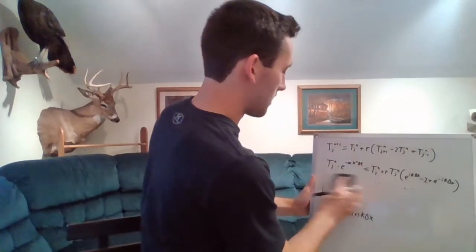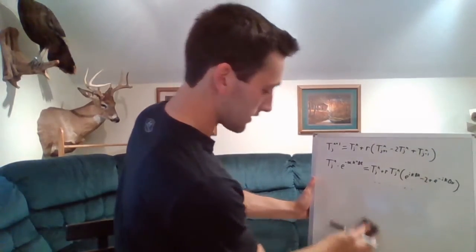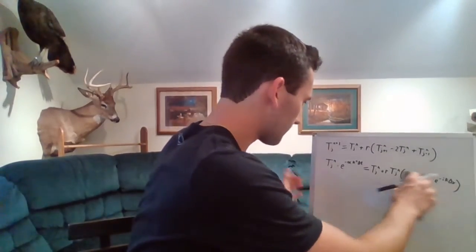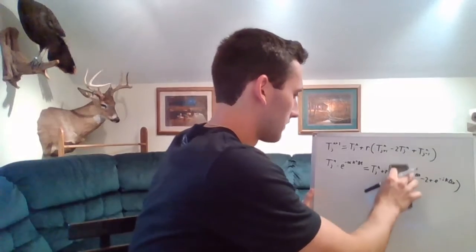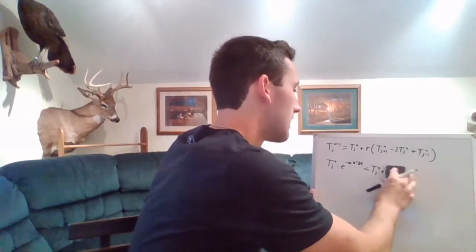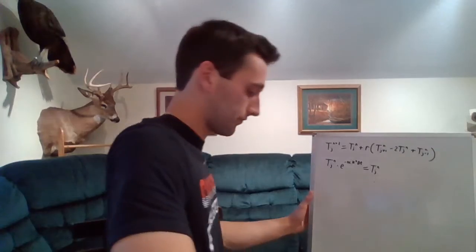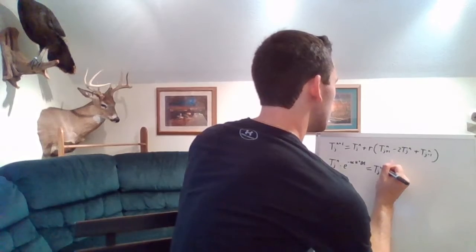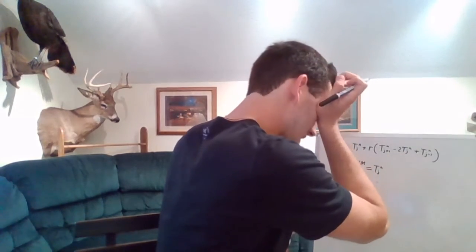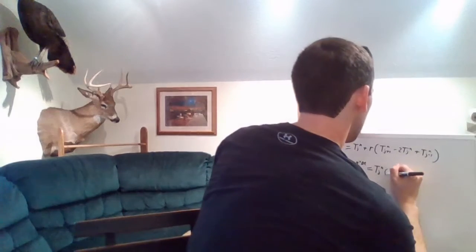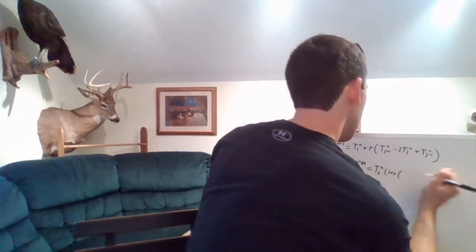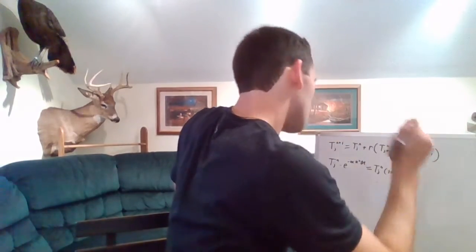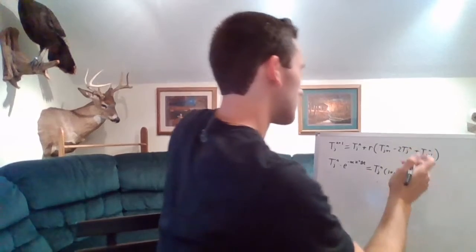So I am now going to erase this, and now we can further simplify this area. So we will have T_j^n, and here we will have 1 plus r times, on the inside, 2 cosine k delta x minus 2.